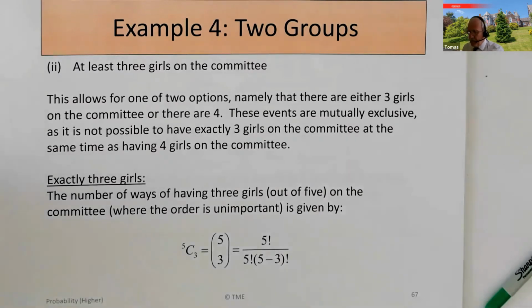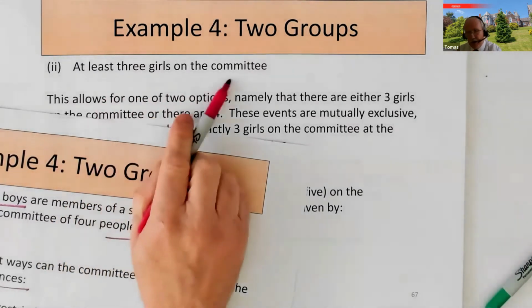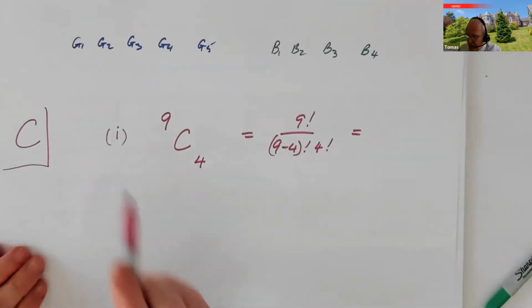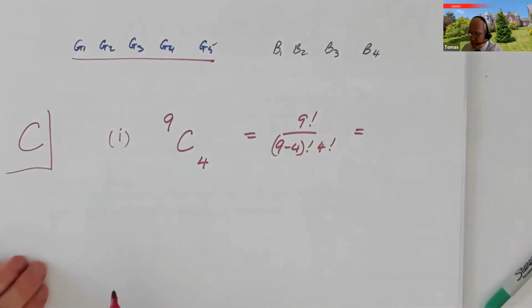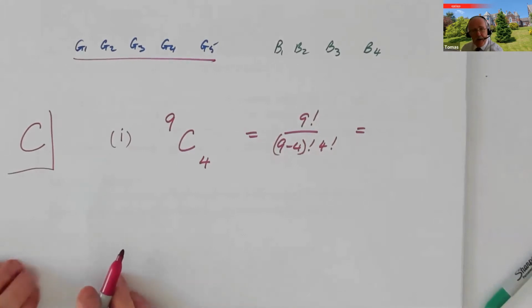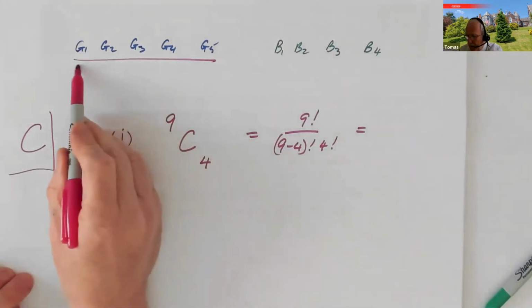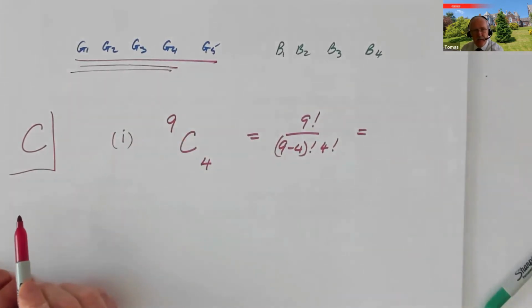Now, I want at least 3 girls on the committee. Well, if I want at least 3 girls on the committee, then I could either have 3 girls or 4 girls. Let's go with 3 girls first. How many ways could I get 3 girls on the committee?